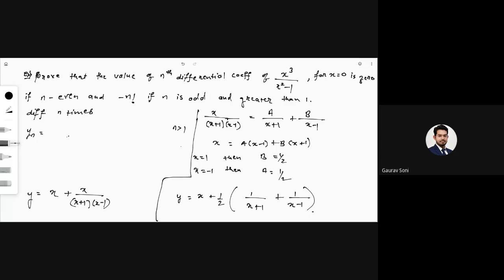So 1 by 2 in bracket minus 1 raised to n into n factorial upon x plus 1 raised to n plus 1, plus minus 1 raised to n into n factorial upon x minus 1 raised to n plus 1.